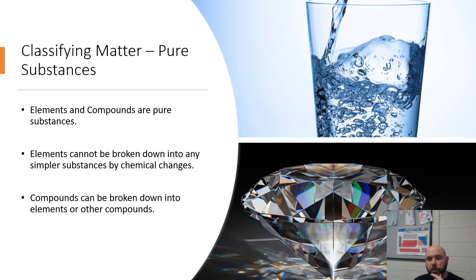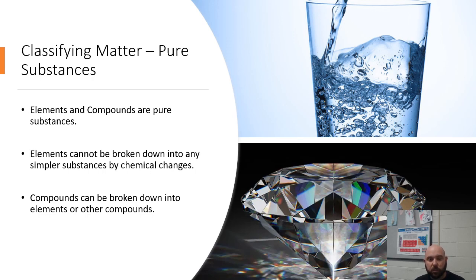So we're going to learn to classify matter in the next few slides, and two of the classifications that you're going to make are whether something is a pure substance or whether something is a mixture of substances. What chemists consider to be a pure substance is either an element or a compound.